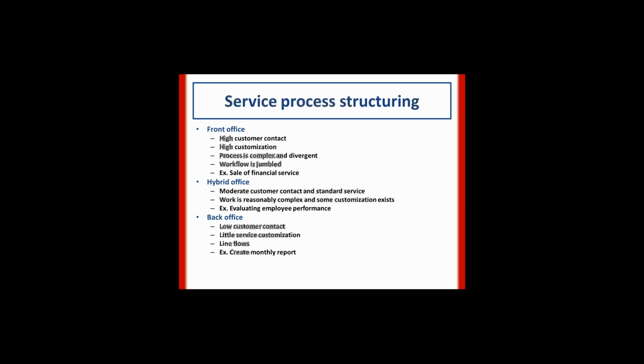The hybrid organization can have somewhat moderate customer contact and standard service. Work can be reasonably complex, with some customization. An example can be evaluating employee performance by using a standardized appraisal form. The employer can evaluate each employee based on their performance.